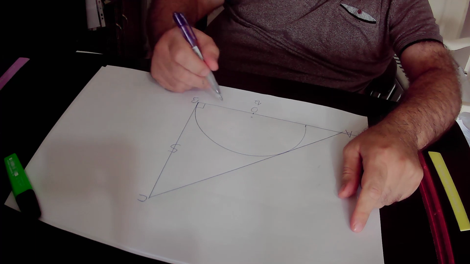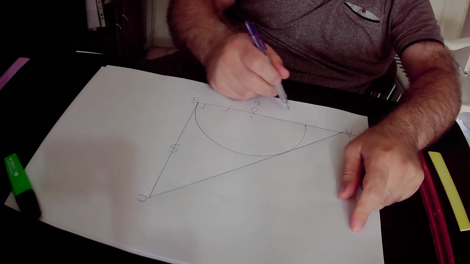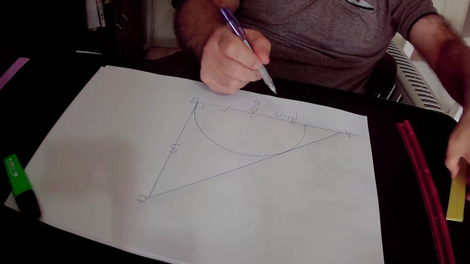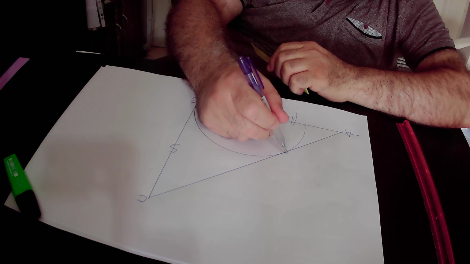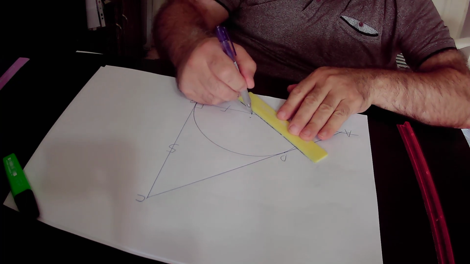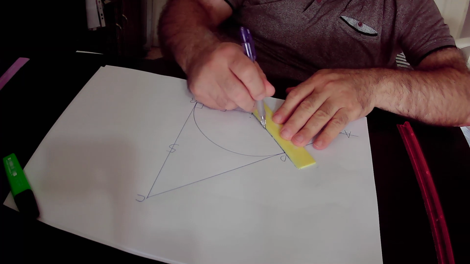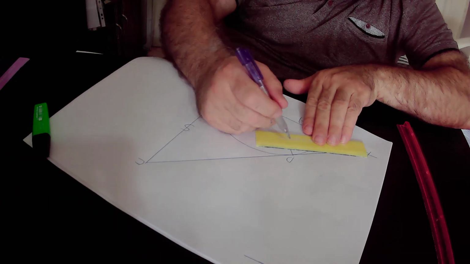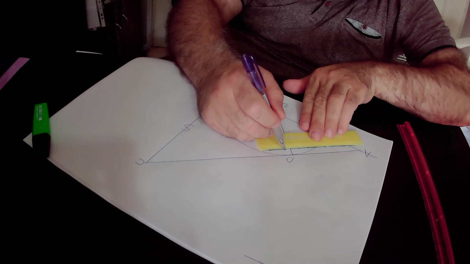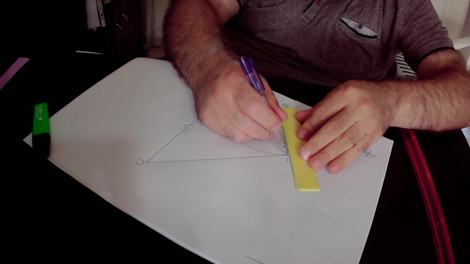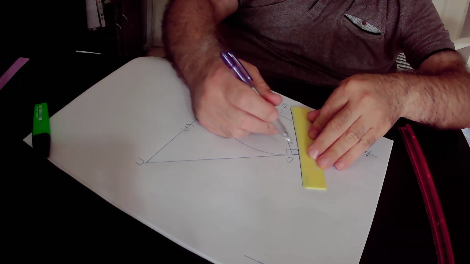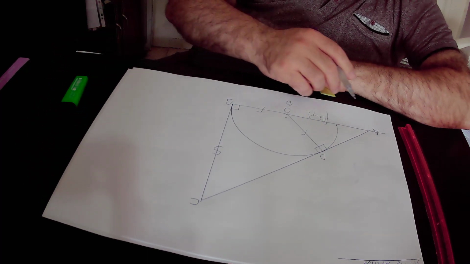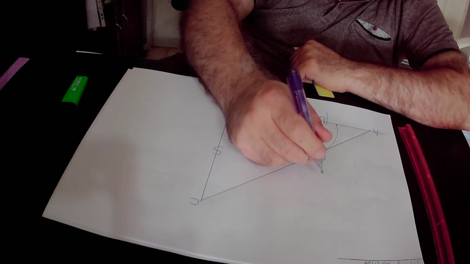It is O. OA is 12 minus R. Here we have, this is point D. DO is the radius of the semicircle, that is to say it equals R. And we also found out that this angle is equal to 90 degrees, and this angle also equals 90 degrees. Okay. And we have already found out that the hypotenuse AC of triangle ABC equals 13 units.